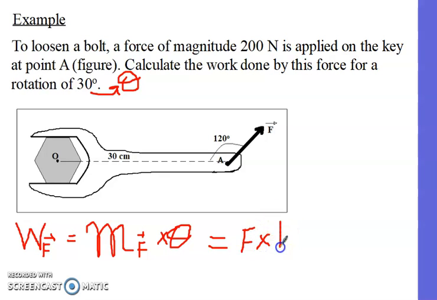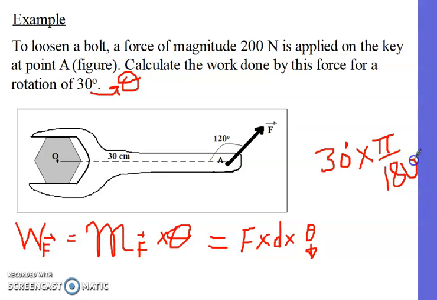F times perpendicular distance times theta. We have theta 30 degrees, but we must change this into radian. You know how. 30 degrees times pi over 180, or 2 pi over 360, because each pi corresponds to 180 degrees, right? So this is pi over 6.